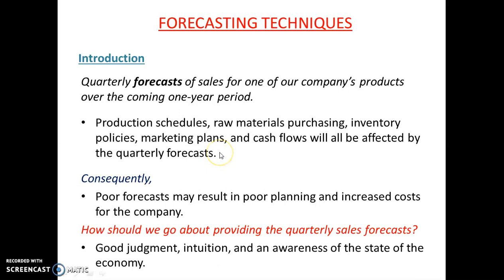The forecast can be quarterly, monthly, or yearly. Whatever criteria you choose to forecast, it should affect the cash flow. Consequently, a poor forecast may result in poor planning and increased cost for the companies.